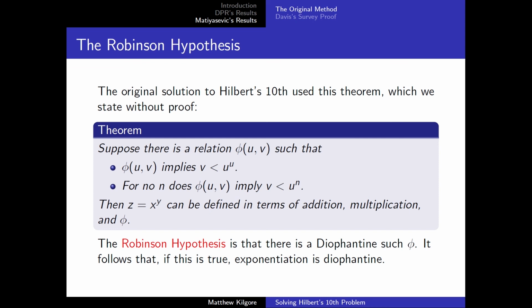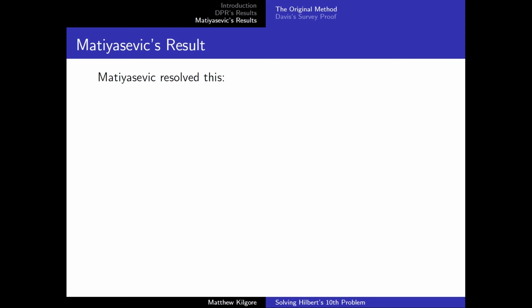It follows that if this is true, exponentiation is Diophantine, and consequently, of course, that would imply exponential Diophantine is the same as Diophantine. Now, Matiyasevich, whose name I apologize, by the way, I just realized I've been mispronouncing for the entire time. It's Matiyasevich, not Matisevich, but either way, he resolved this and proved the Robinson conjecture.